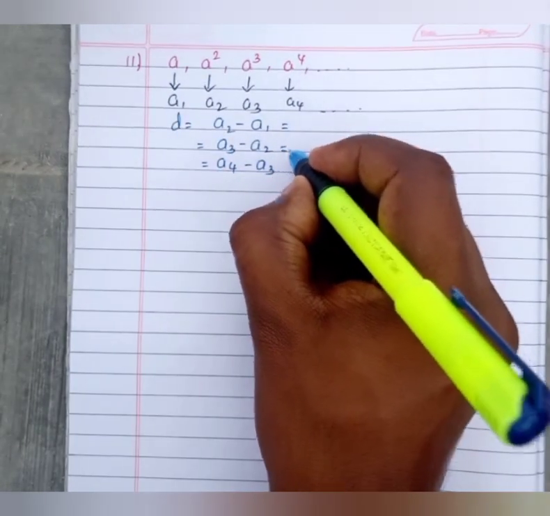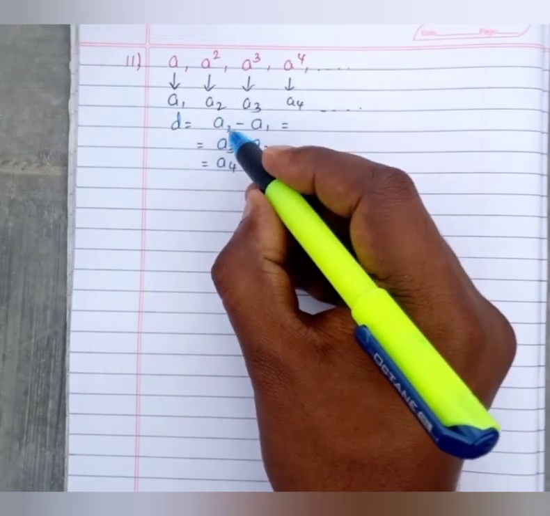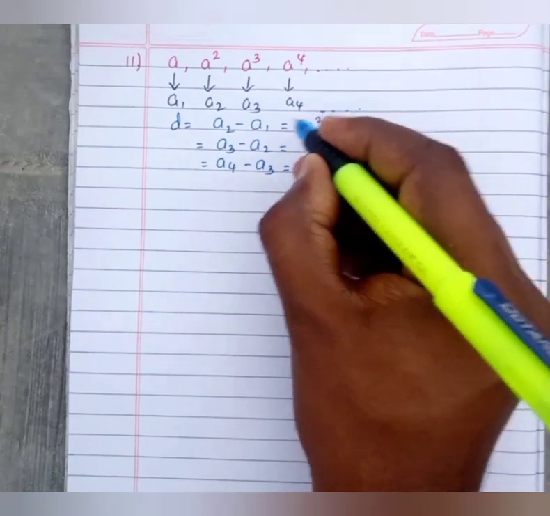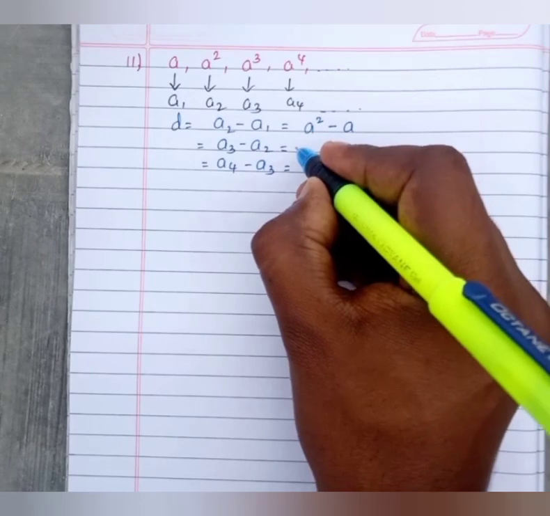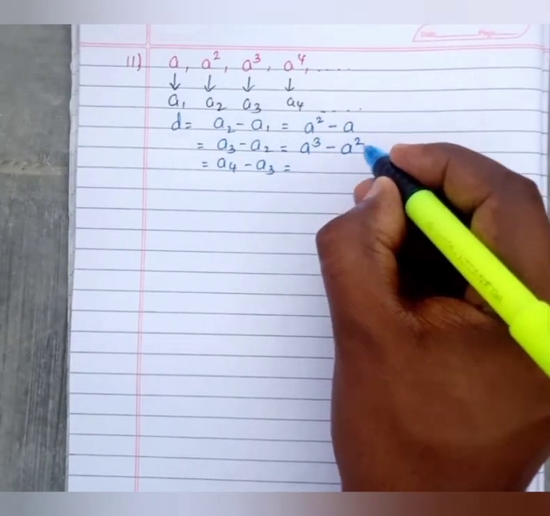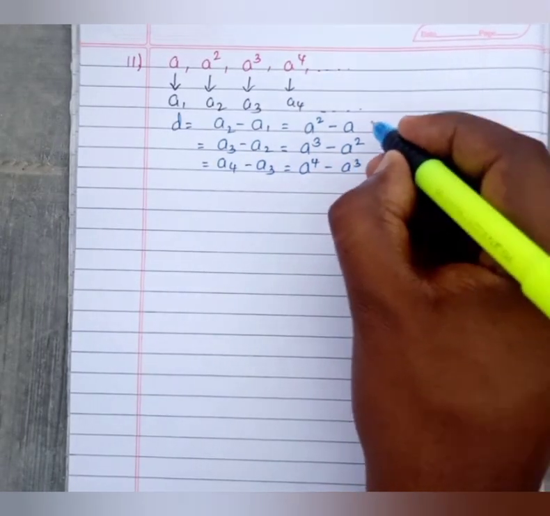What is A2? A2 is A square minus A1, which is A. Now what is A3? A cube minus A2 is A square. Same with A power 4 minus A cube.